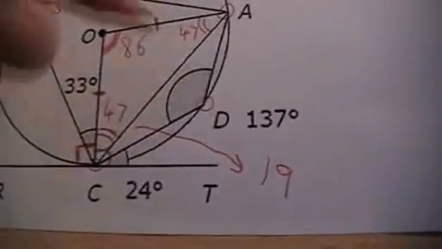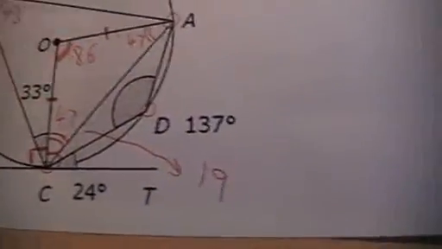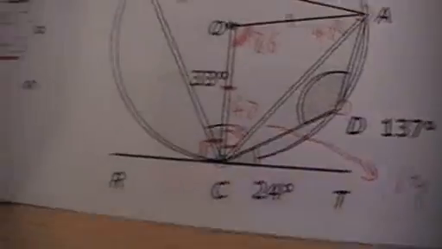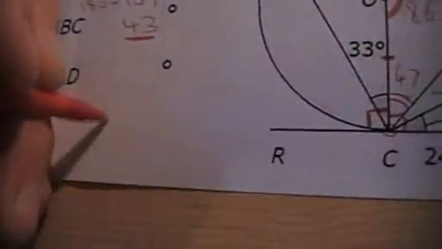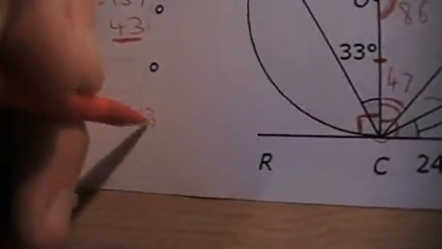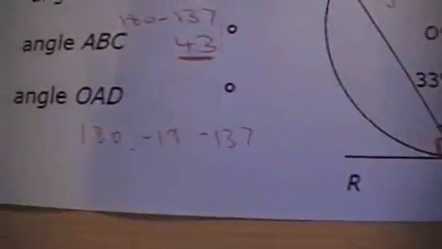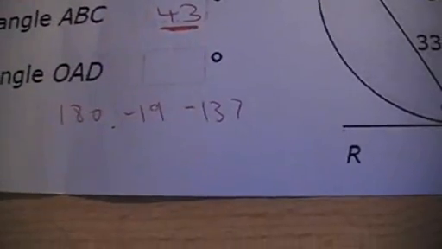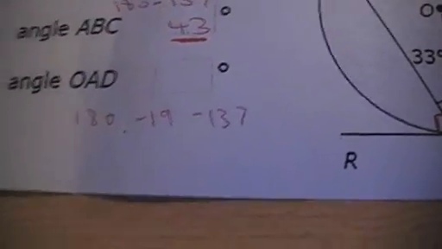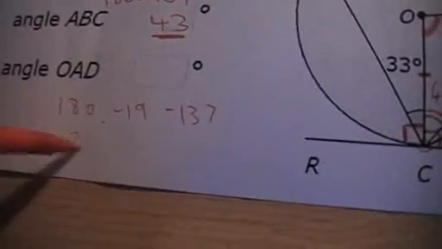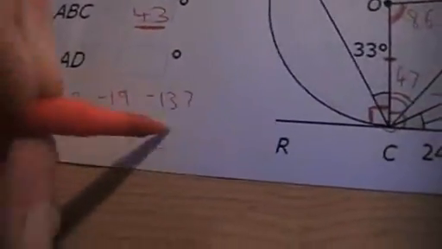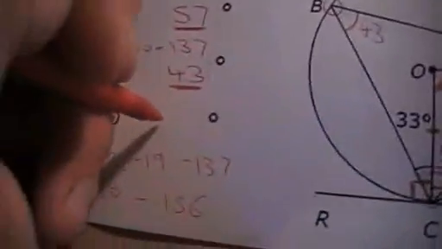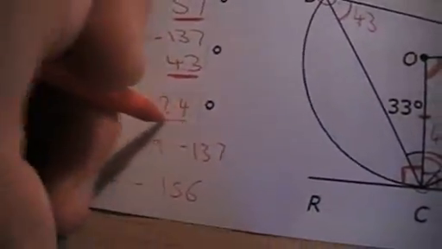Now if that angle's 19, and this angle's 137, then the angle we want is 180 minus 19 minus 137. So add 137 and 19 together to get 156, and then take 180 minus 156, which is obviously going to be 24. So that angle is 24.